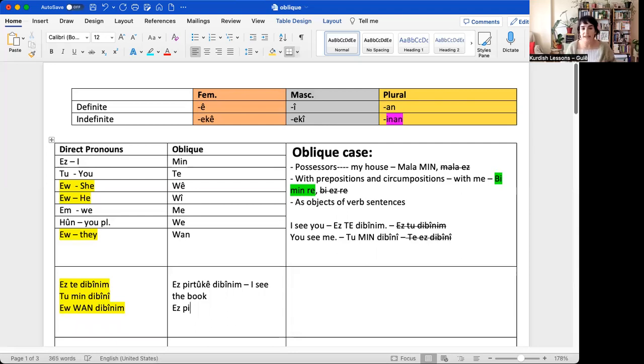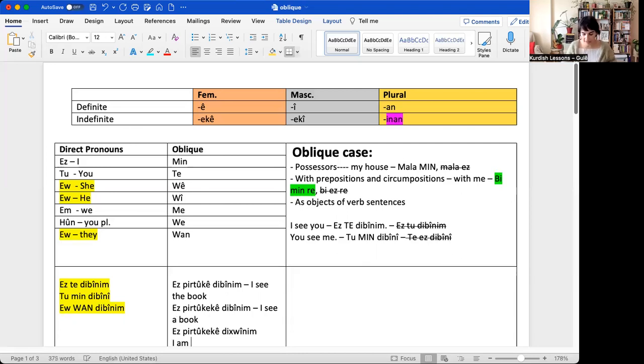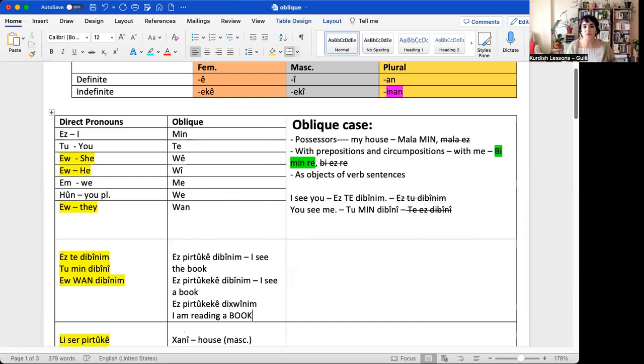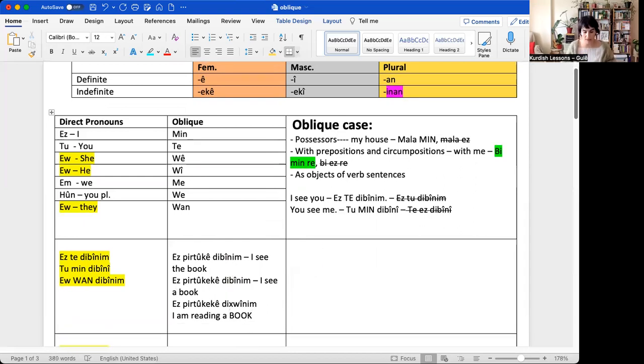Ez pertûkekê dibînim, I see a book, okay? Or ez pertûkekê dixwînim, I am reading a book. But if you need to use the plural form, ez pertûkan dibînim, I see the books.